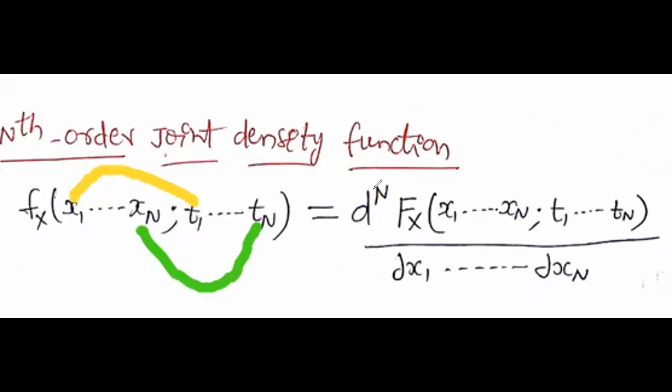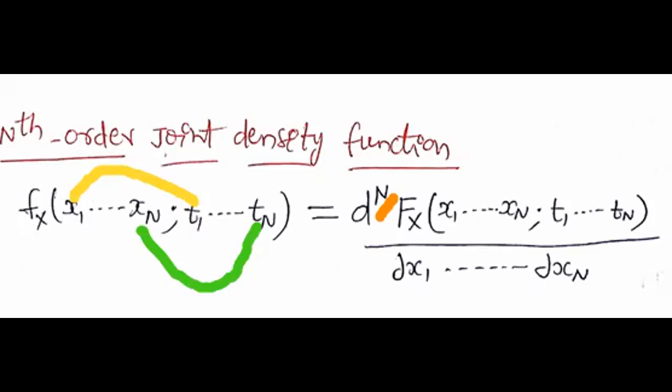What is the power here? N is the power here. For the nth order distribution function, if you differentiate it n number of times, then we are going to calculate the nth order joint density function. Okay, is it clear?